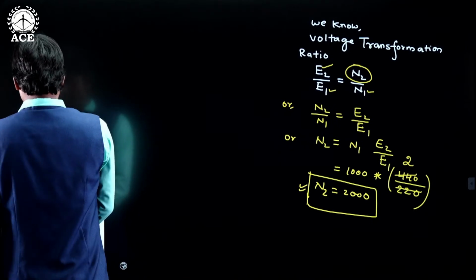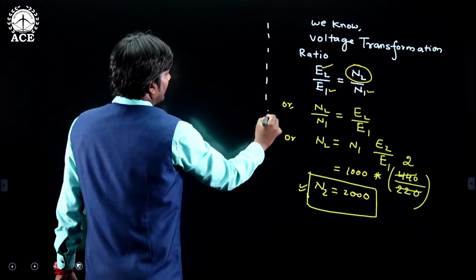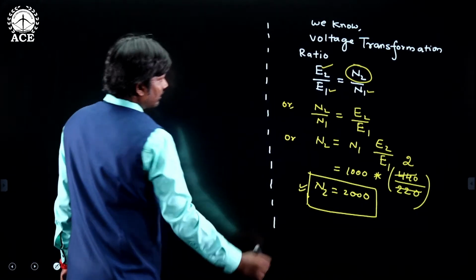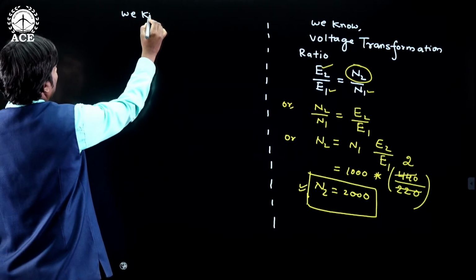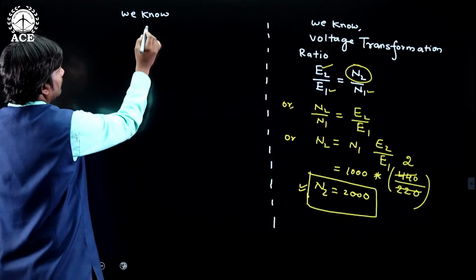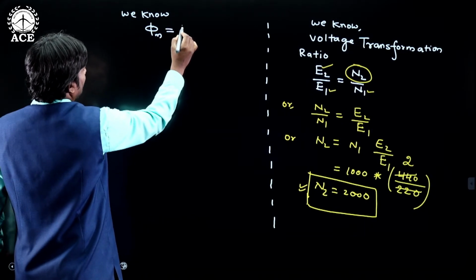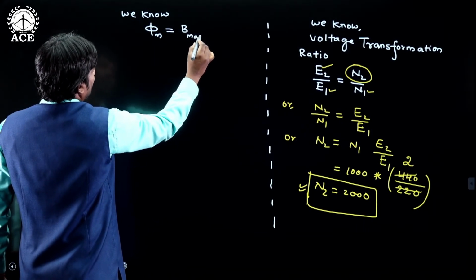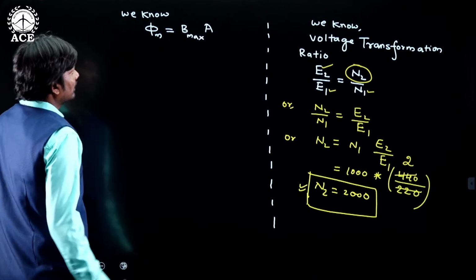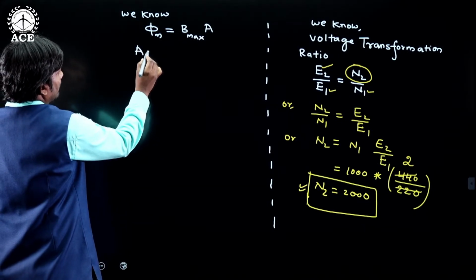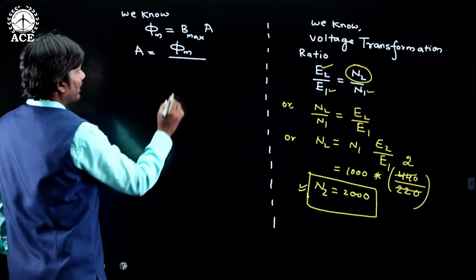Now second, we are going to calculate the area of cross section. So we know maximum flux is equal to maximum flux density into area. Now area is equal to phi m by B max.